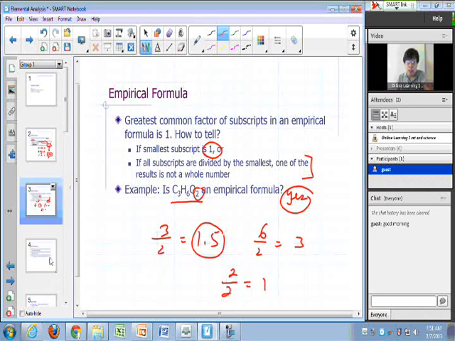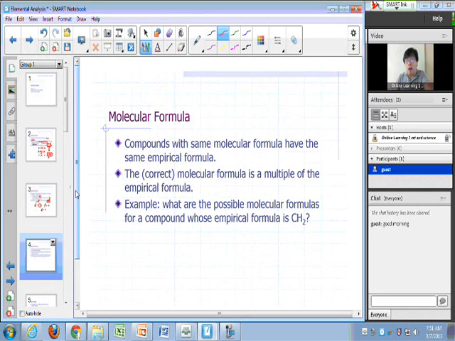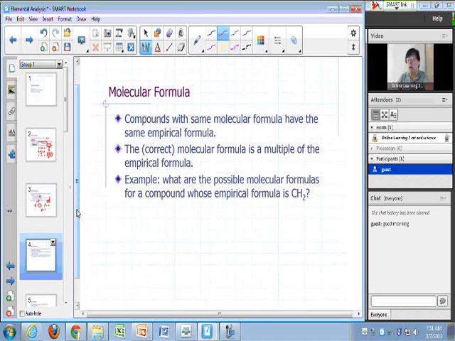Okay? So all compounds that have the same molecular formula will have the same empirical formula. Okay? And the molecular formula will just be a multiple of the empirical formula, a multiple.